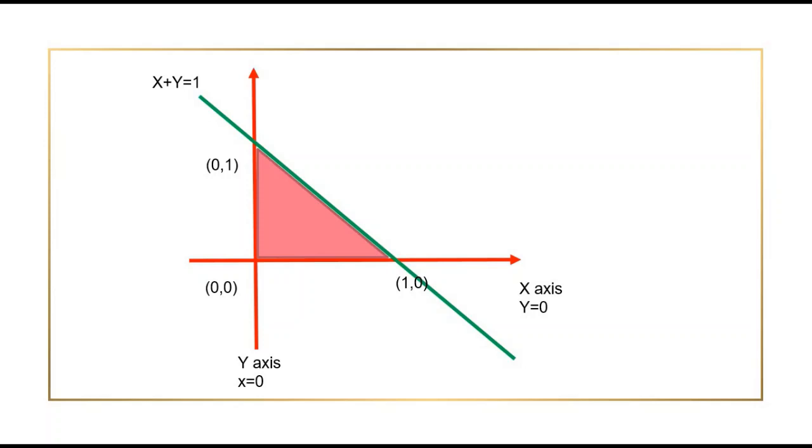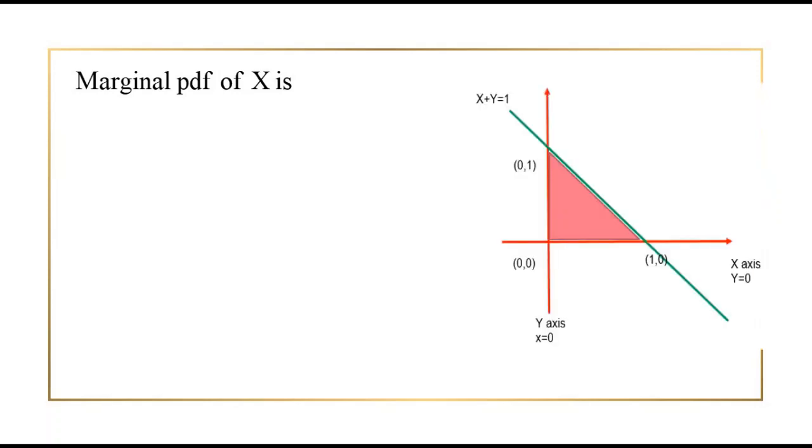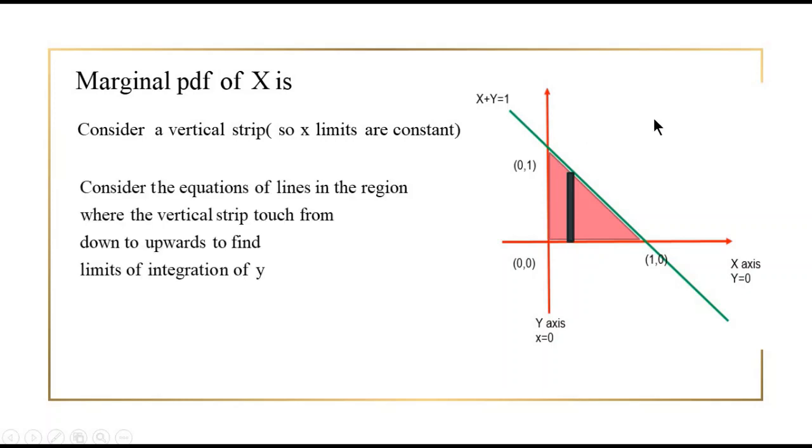Okay, since we got the base region, we are going to find the marginal PDF of x. Draw the base region. Consider a vertical strip, and here the limits of y are from the red colored line to the green colored line, and the red colored line is the x-axis, y equal to 0 to y equal to 1 minus x.